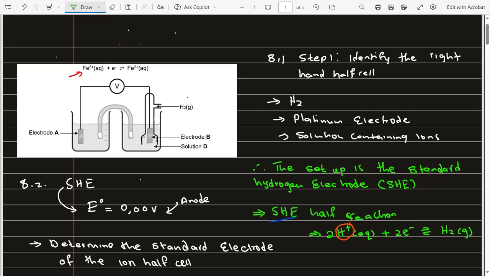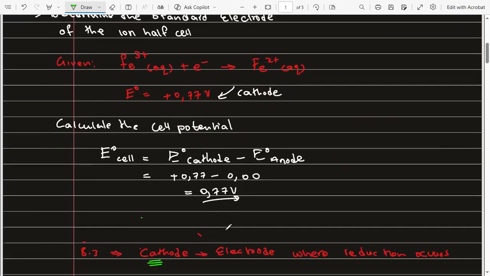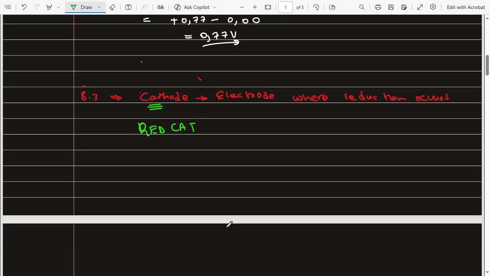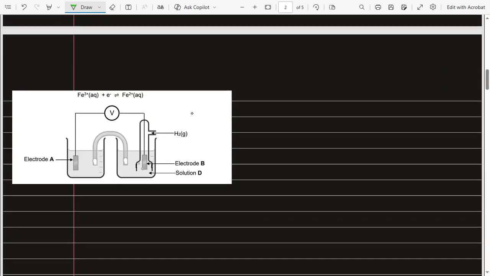I'm just going to rewrite the half cell reaction down here.